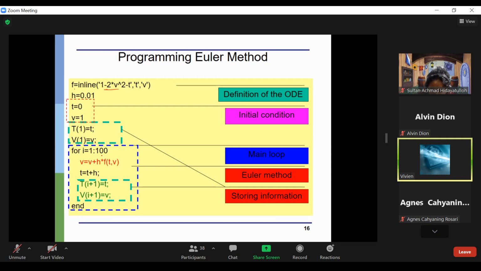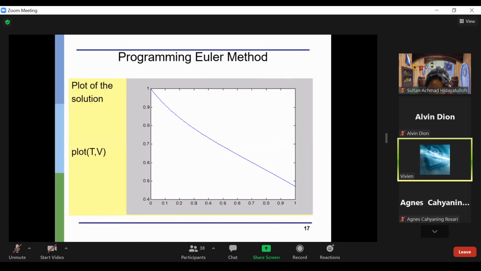Then we do looping from i equals 1 up to 100. We do the calculation over and over, and every time we move to the next element in the array, so that we have a full array and can plot the result. We plot t and phi, so phi will be a function of time.